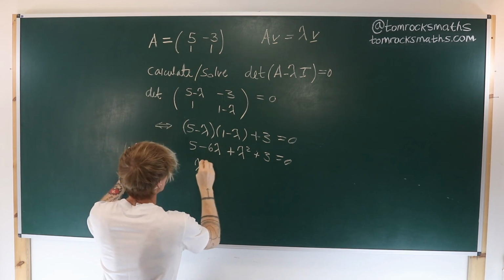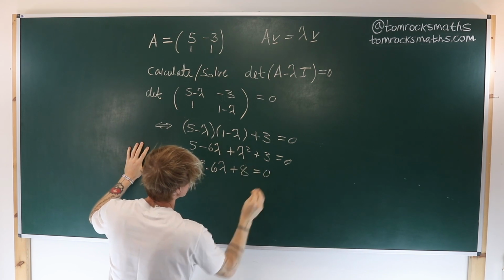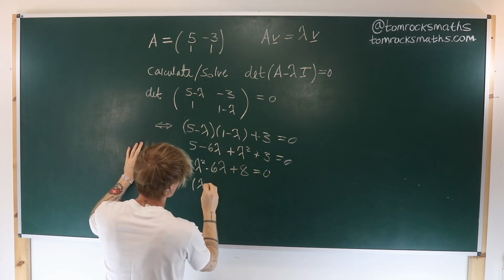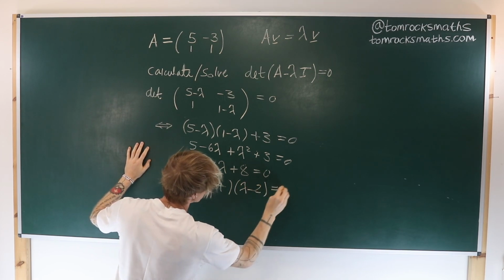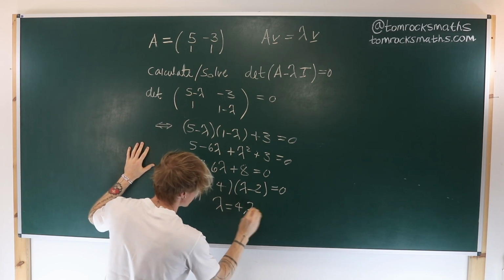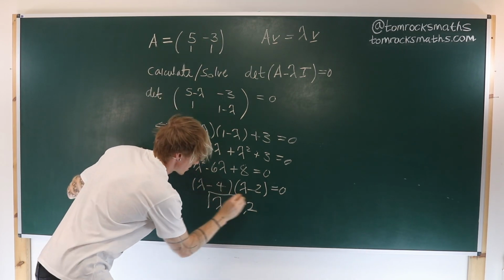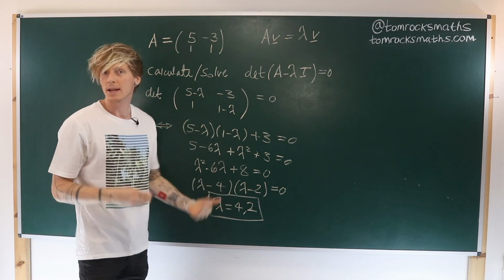So that becomes lambda squared minus 6 lambda plus 8 is 0, and that factorizes really nicely into (lambda minus 4)(lambda minus 2) equals 0. So lambda is 4 or 2. So our eigenvalues here are lambda equals 4 and lambda equals 2.